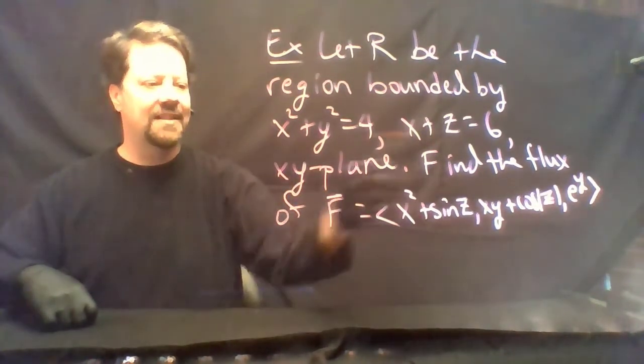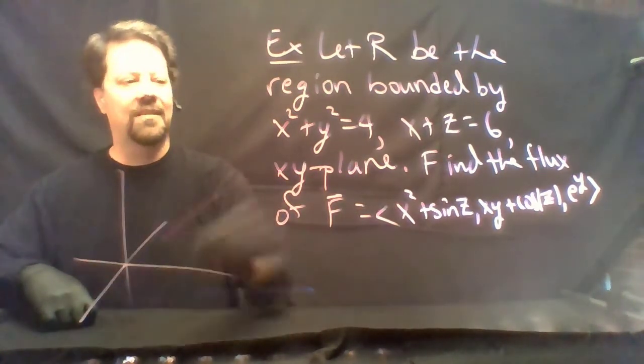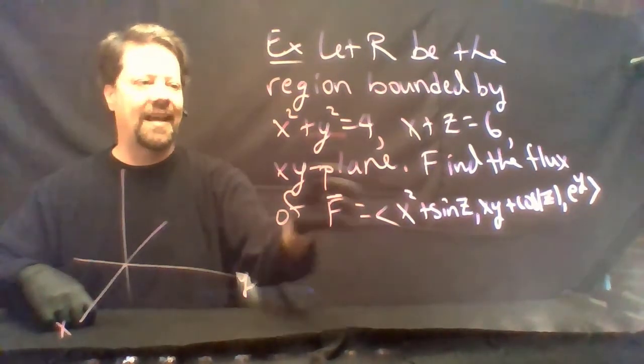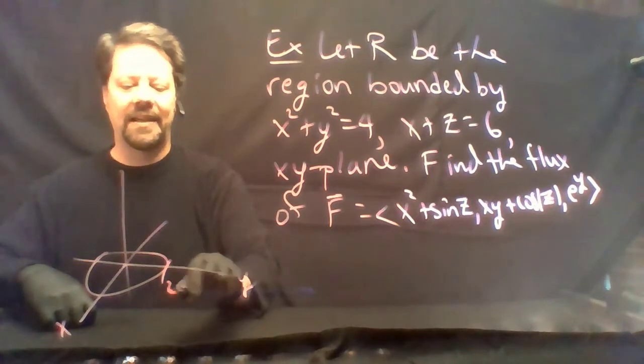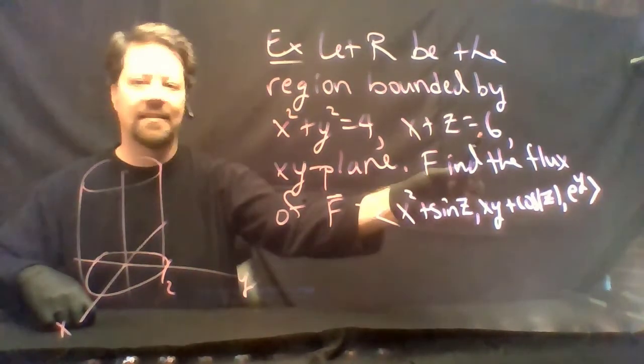First of all, let's get an idea of what this region looks like. Looks like we're bounded below by the xy plane and to the sides by a cylinder of radius 2. But then we're cut by a plane.